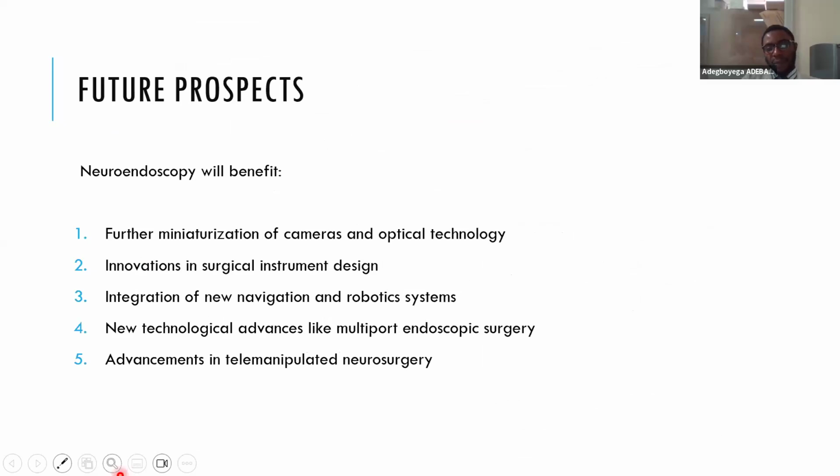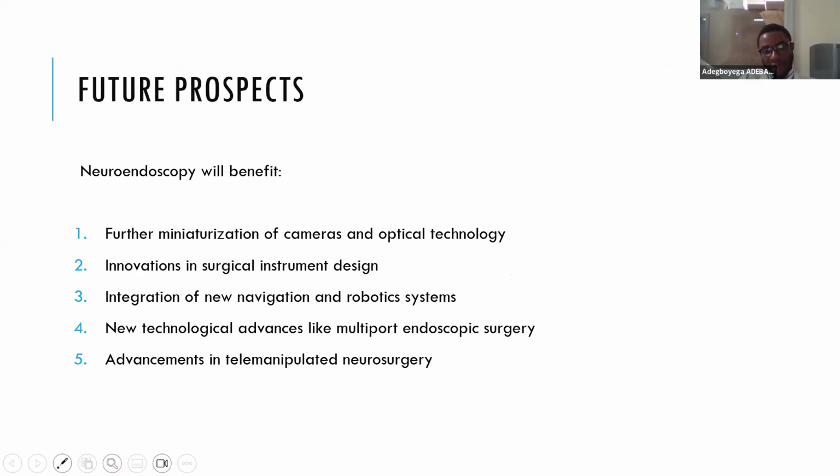Future perspectives. It's envisaged that neuroendoscopy will benefit from further technological advances in camera and optical systems design, from innovations in surgical instruments design, as well as from integration of navigational and robotics systems.